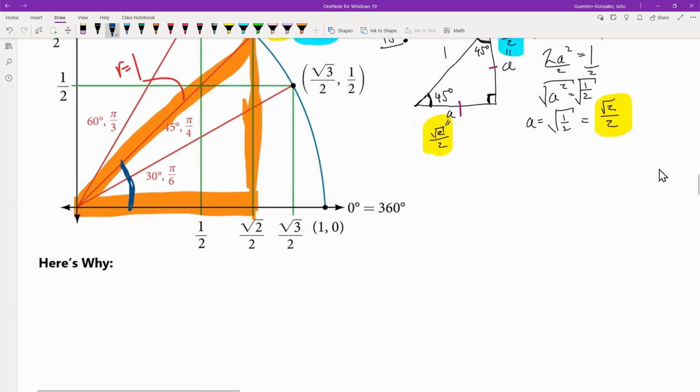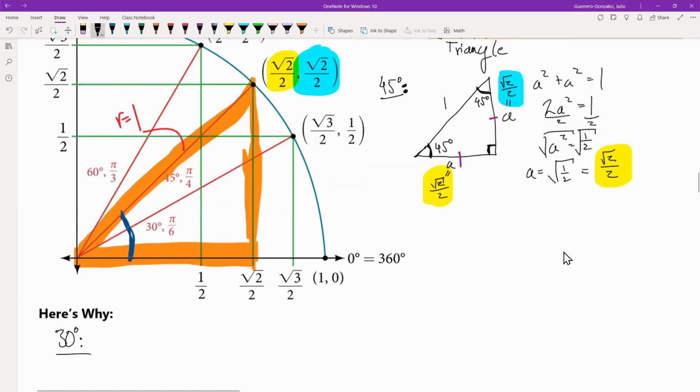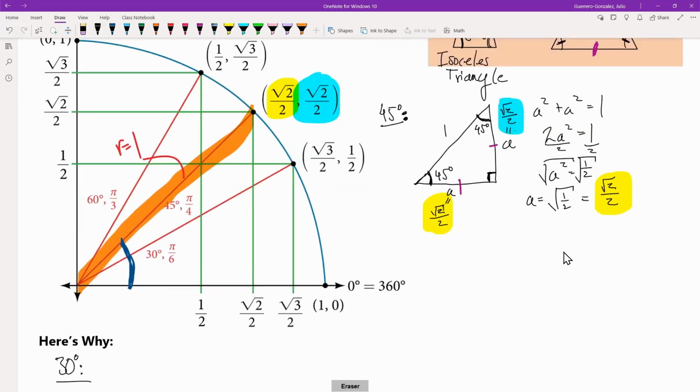Now I'm going to do the one for 30 degrees, okay? Let me go ahead and write that down. Let me go back up here really quick. We're done with the one for 45, right? We're going to do 30 degrees, so this one.